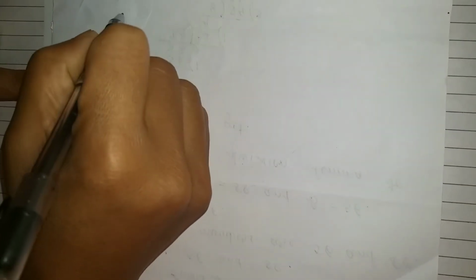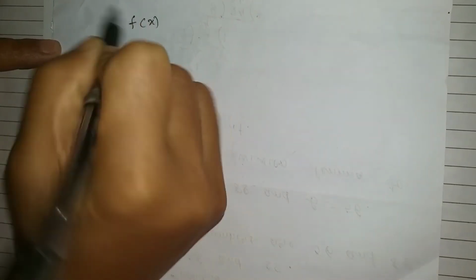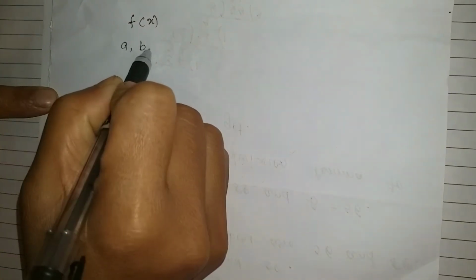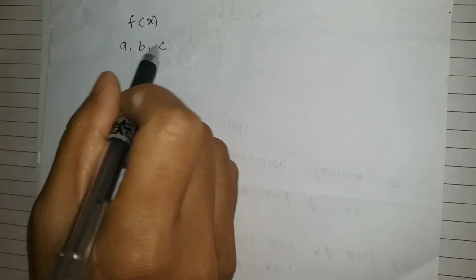Hello everyone. Let us solve another problem from the chapter of polynomials. But before coming to that problem, let us see, given to us a polynomial f of x, and suppose a, b and c are the zeros of this polynomial.